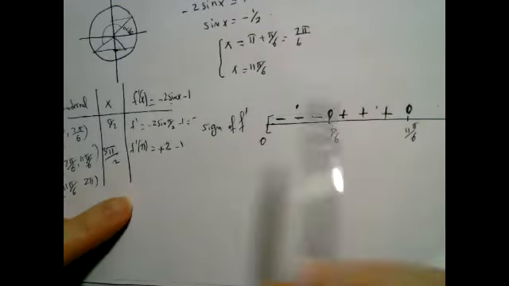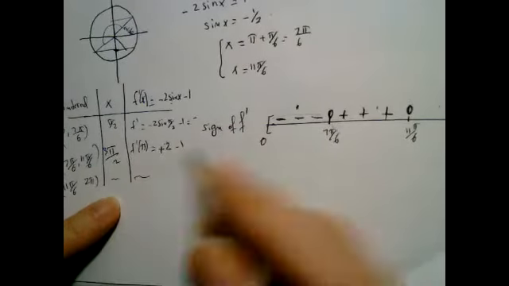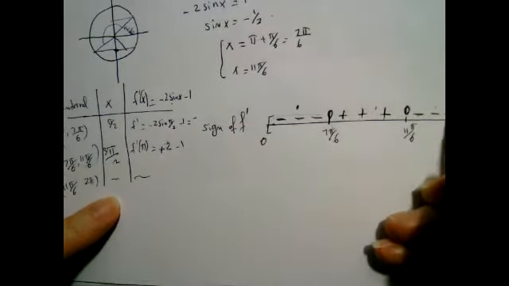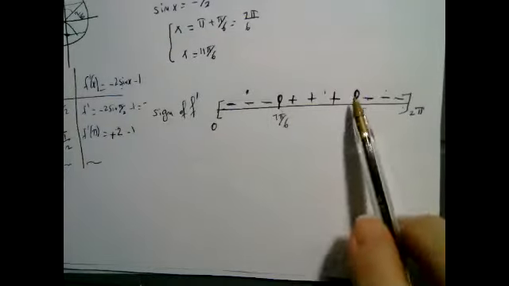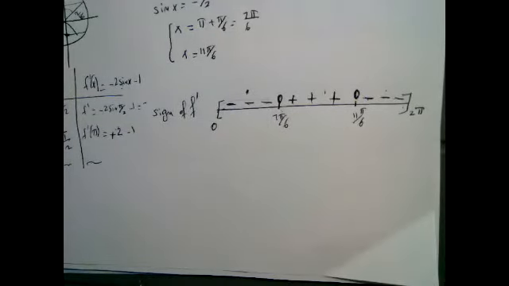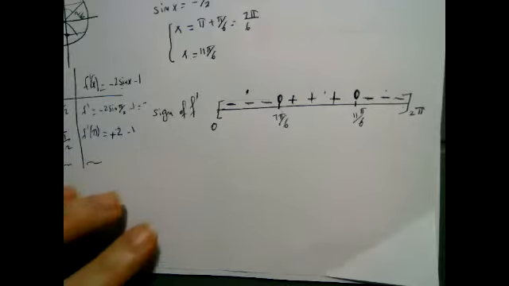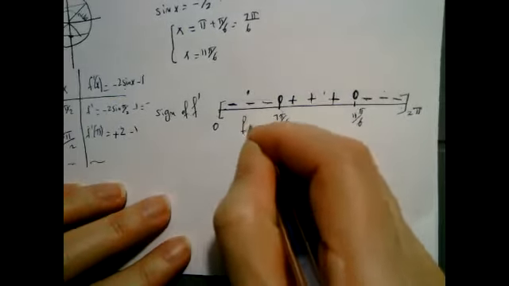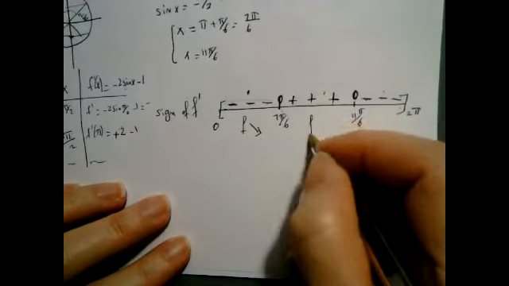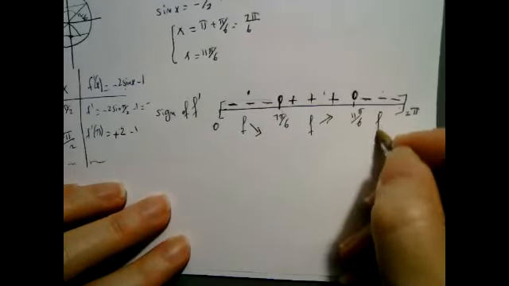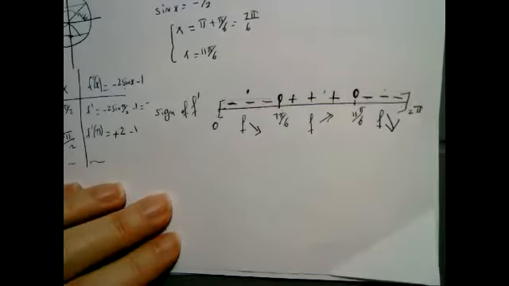And between 11 pi over 6 and 2 pi, you pick any value, check it out, you get negative. But you guys check it, because the sign does not have to alternate. Okay, so now I have it. The function is decreasing up to here, increasing, and then decreasing.